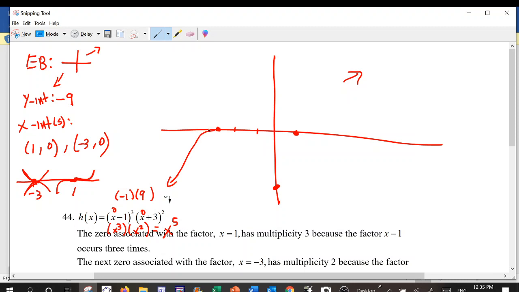And then, did we make another mistake here? No, that's negative 18. So at negative 3 it has to bounce. I mean, I was crossing it. Just a moment, I thought that was 3. So it bounces back down, right?